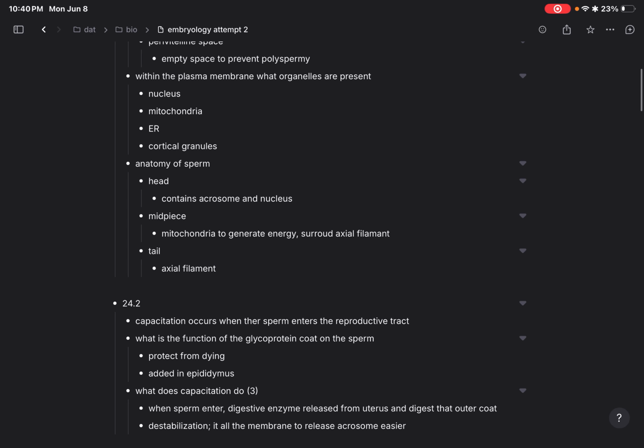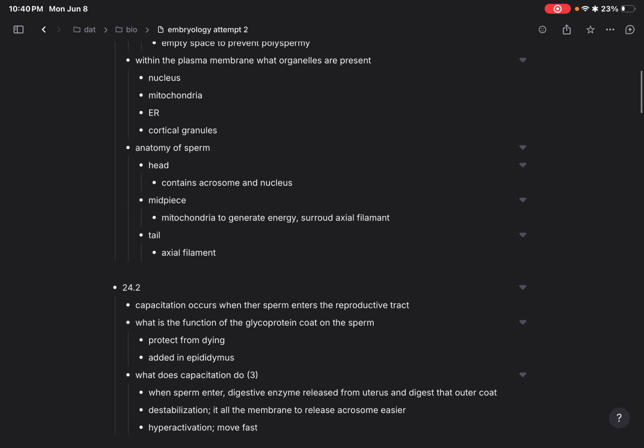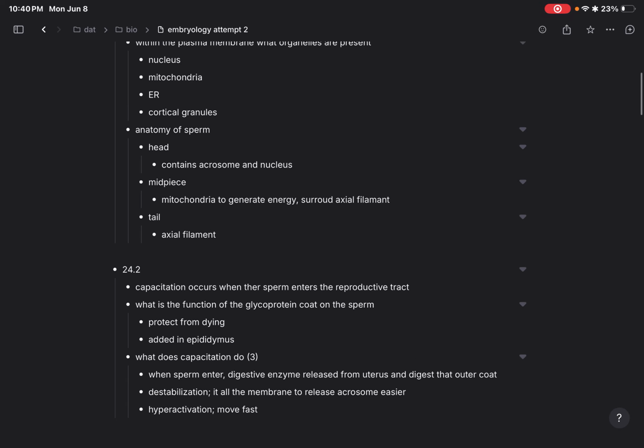We got the endoplasmic reticulum, which will store calcium or sodium ions. Then the cortical granules, which bind to the plasma membrane to prevent polyspermy, which we'll get into later, the cortical reaction.